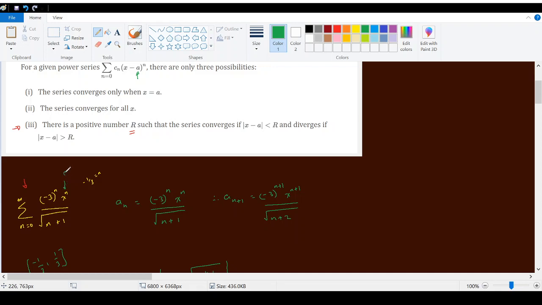That means the center point should be in the interval of convergence, and we can clearly see that here the center point is 0 and 0 is in the interval of convergence. So definitely the center point should be inside the interval of convergence.